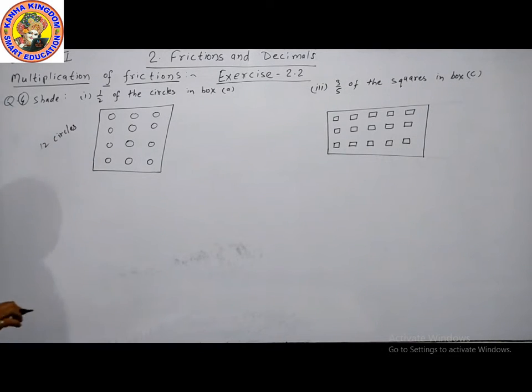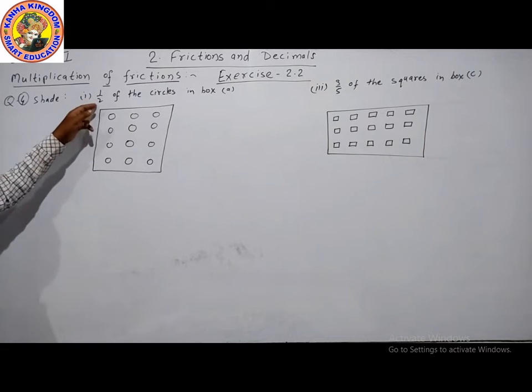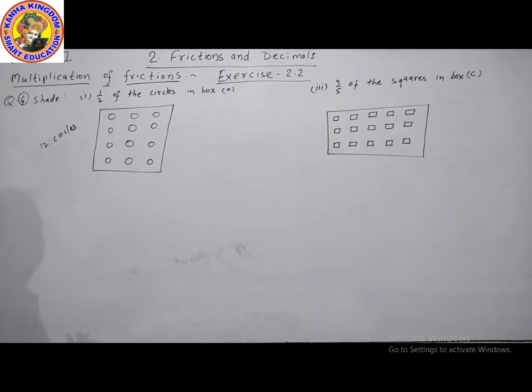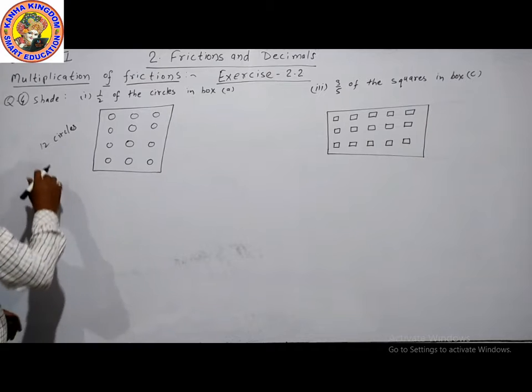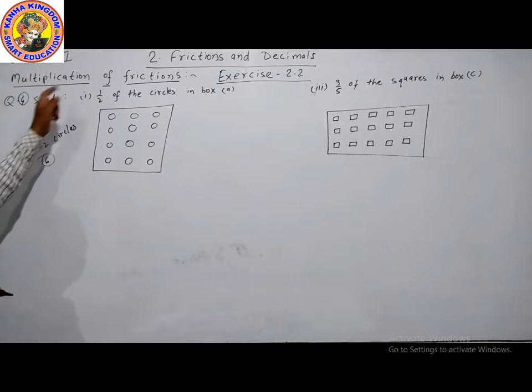Total 12 circles in the box. Select half of the circles. What is half of 12? Half of 12 will be 6. So shade 6 circles in the box.